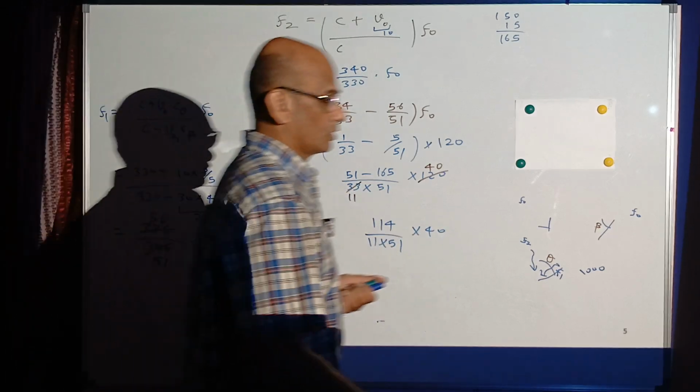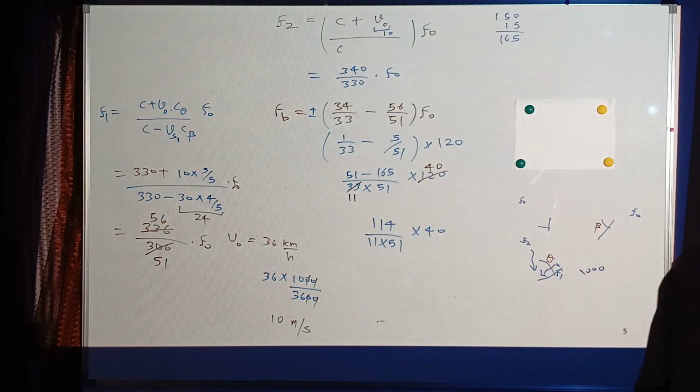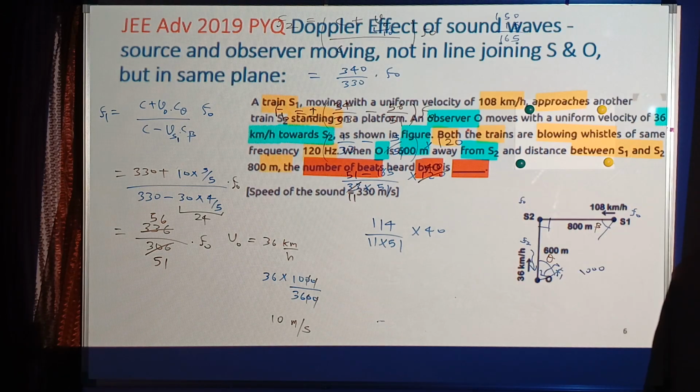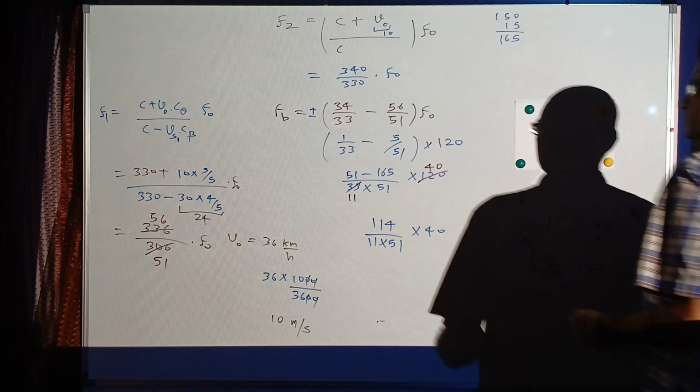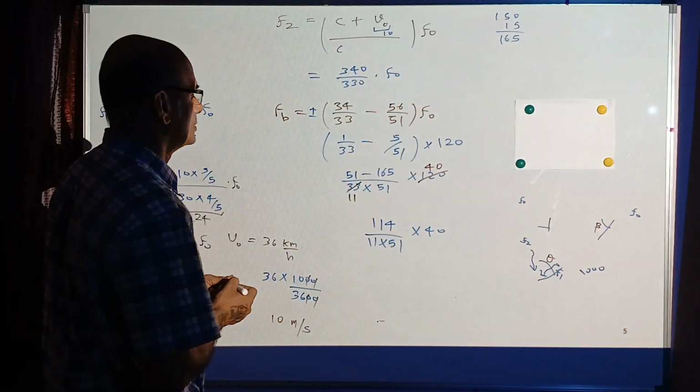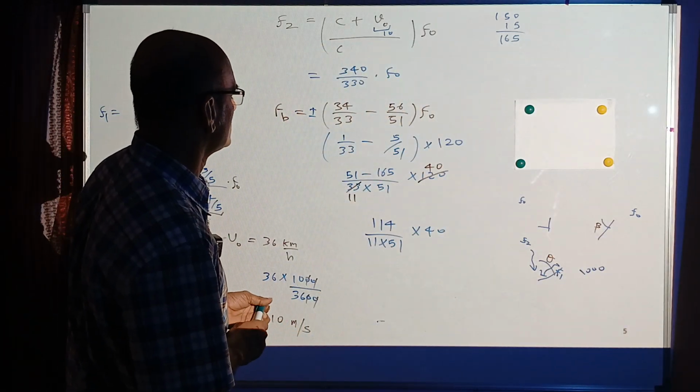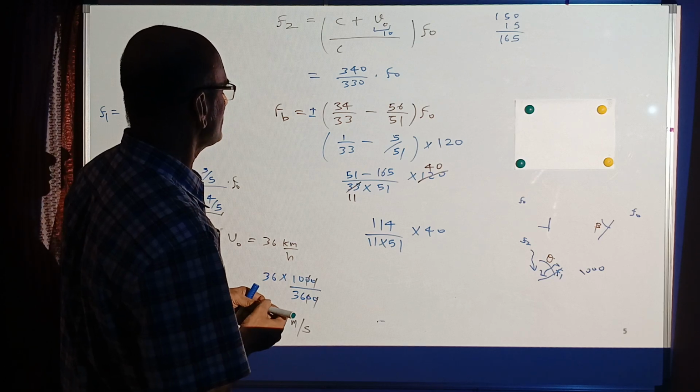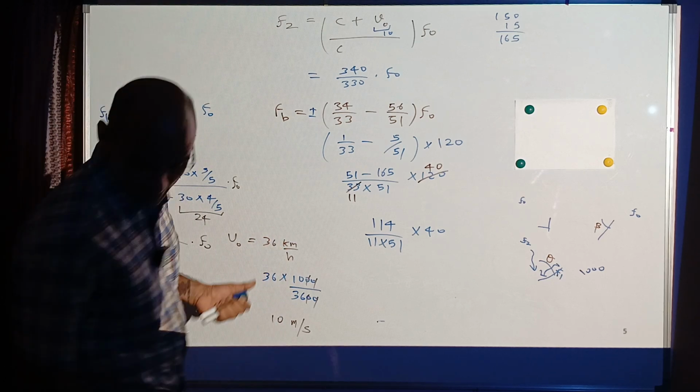So is this an approximate or exact calculation? We ask for the number of beats. So 51. Let me do an approximate calculation first.